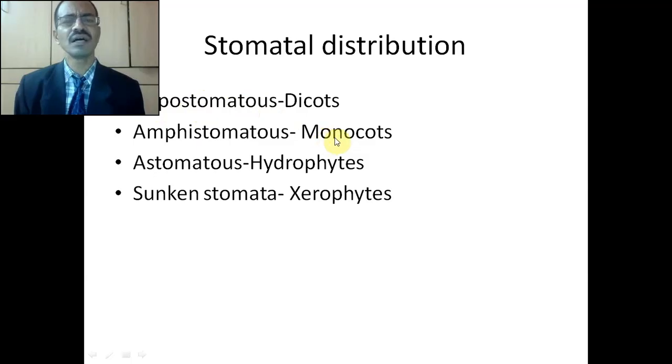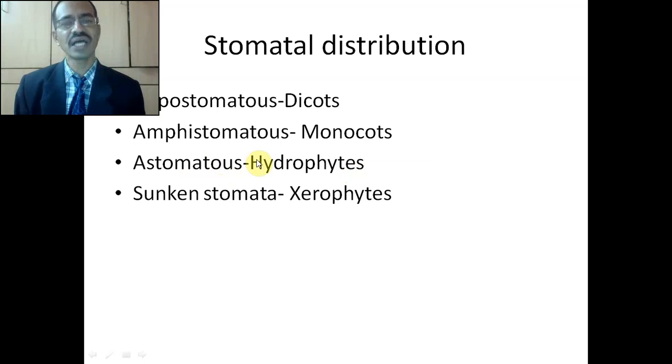But in monocots, usually the stomatal distribution is the same on both sides of the leaves. So it is called amphistomatous. Amphi means both sides of the leaves. Usually in hydrophytes, stomata are absent or degenerated.